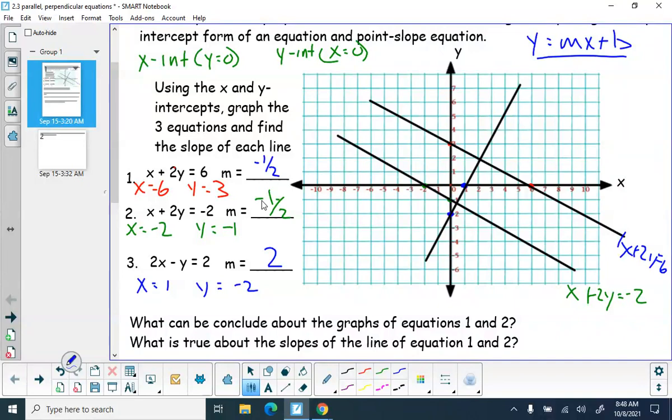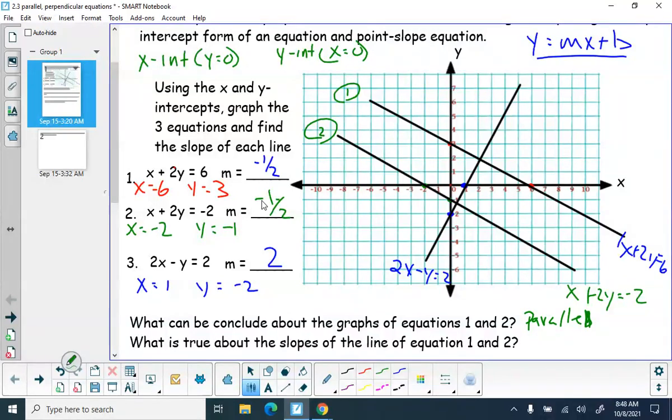Now, if we take a look at the graphs of these, this is equation 2. If we look at equation number 1 and equation number 2, what can we conclude about the lines that we drew, Sean? They're parallel. That's correct. They are parallel lines.